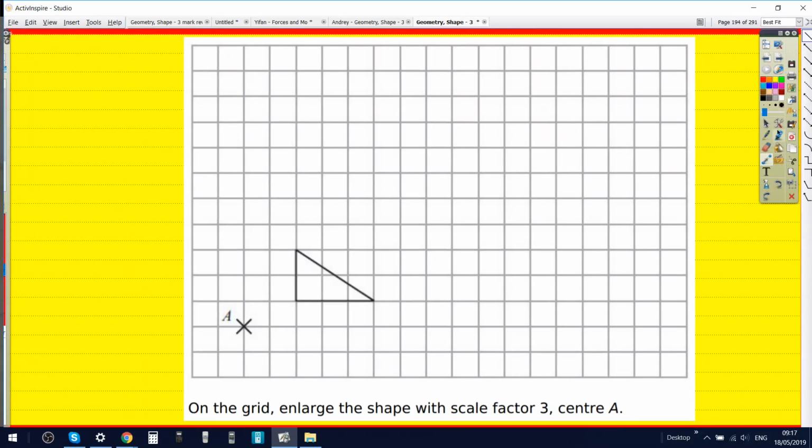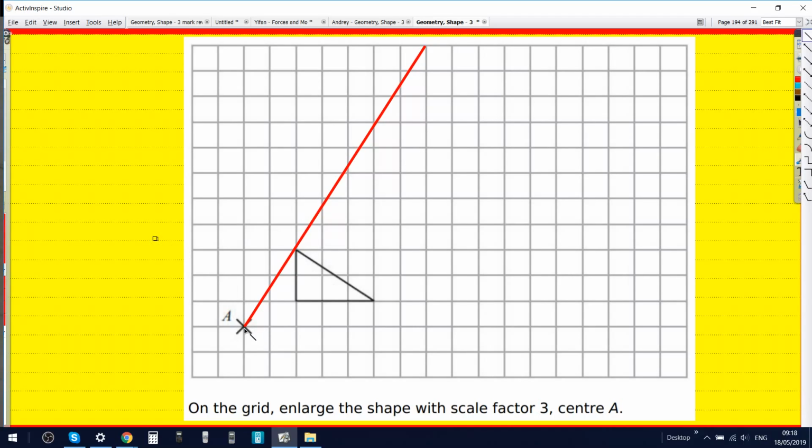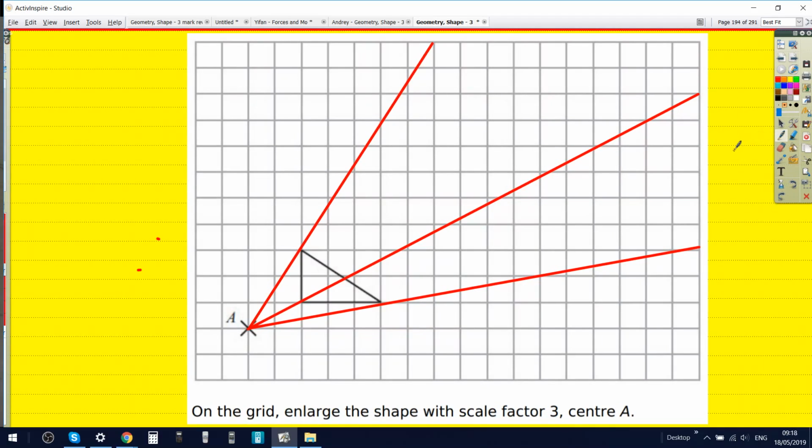But you have to say where it's going to go to. So if I just did that, let's say. Where's it going? There. And that one goes through there. But you have to say where will the other triangle be? How do you do that?